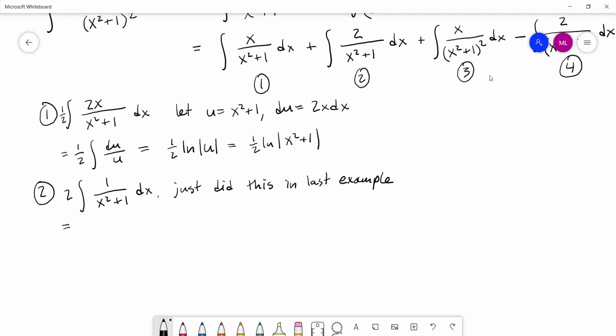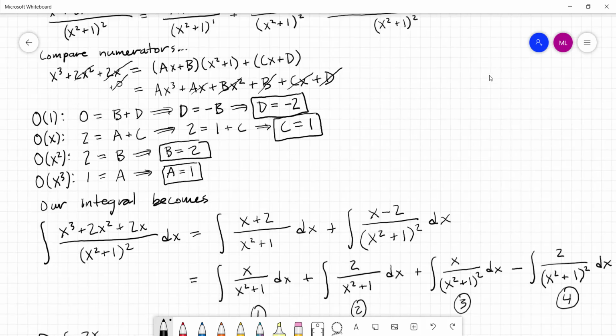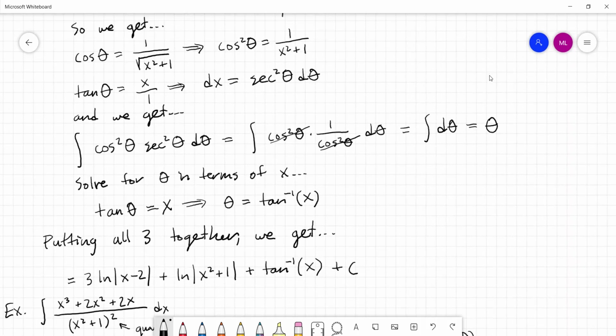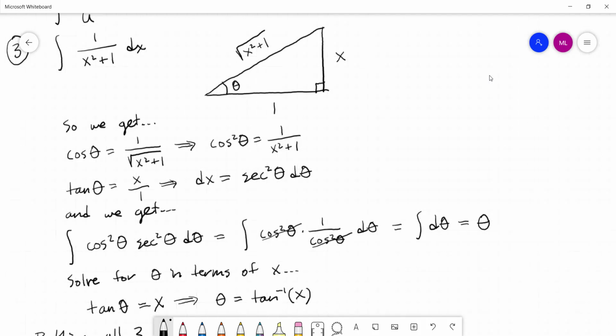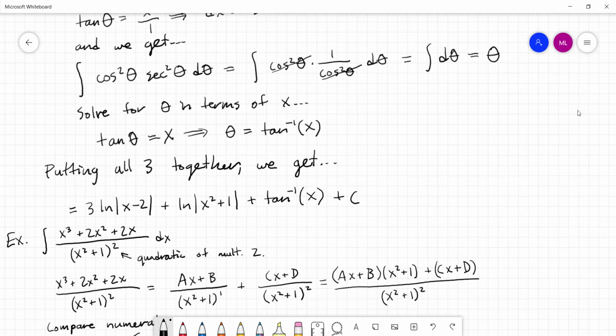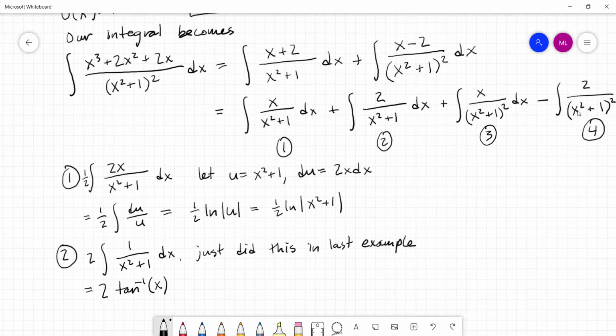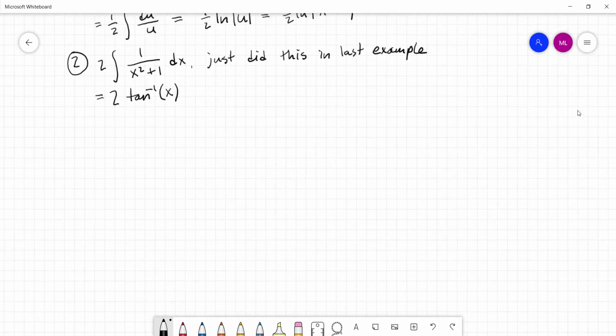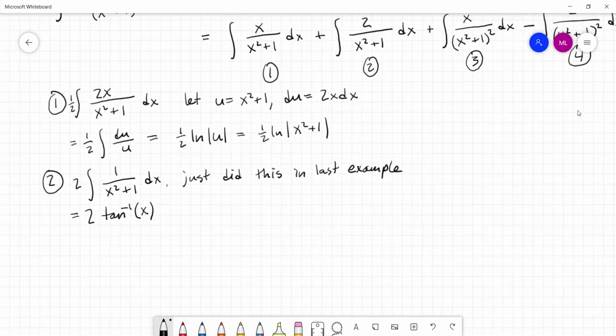It's equal to, in this case, that factor of 2 times the arctangent of x. So if you want to see that, you can go back up to this part right here. The only difference is we have a factor of 2 out in front of everything now. Okay. So there was the second one. What is the third one?